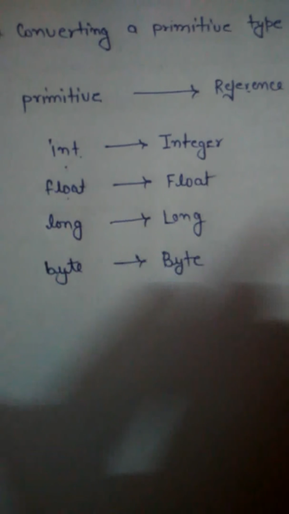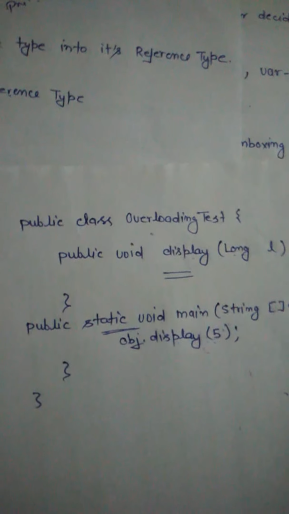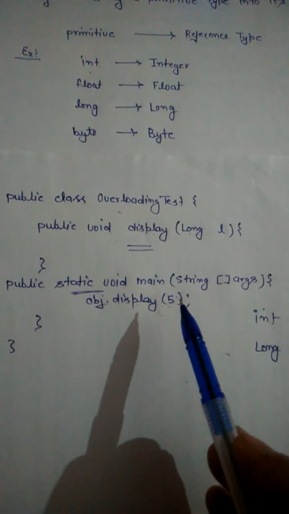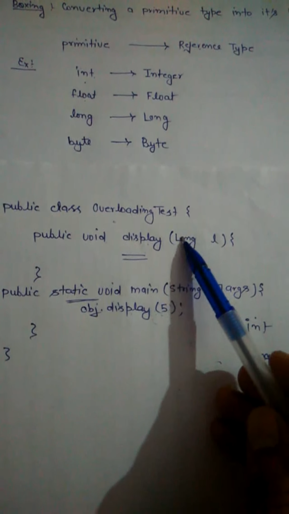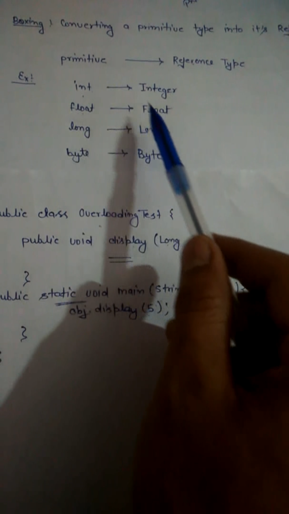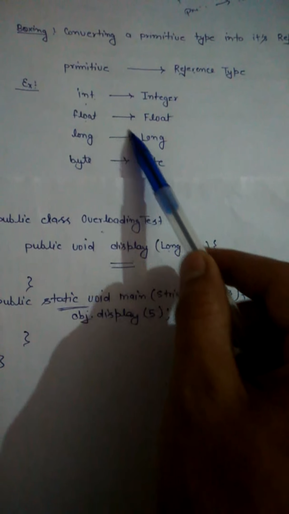See here an example: we are passing a primitive integer, and we have a reference type of Long. So an int cannot be boxed into Long directly.